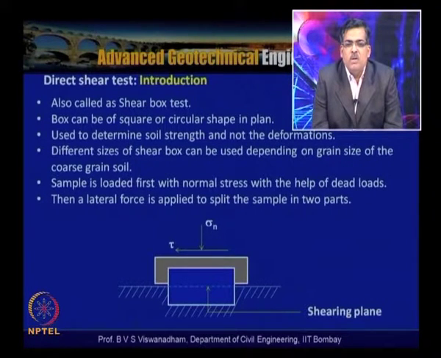This direct shear test, the method of inducing failure along a particular plane, is used as a way of determining the interface parameters. Or if you wanted to determine the interface friction angle between, let us say, a rock and the surrounding soil outcrop, that can also be achieved through this method of testing.